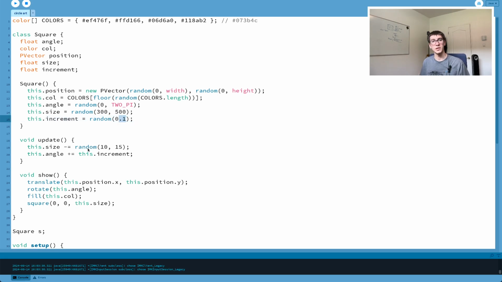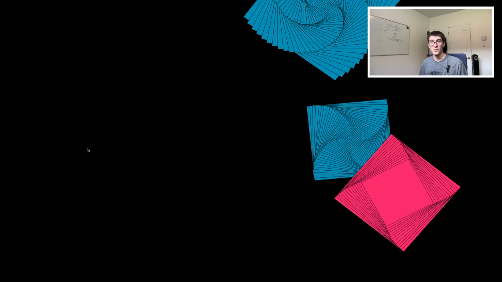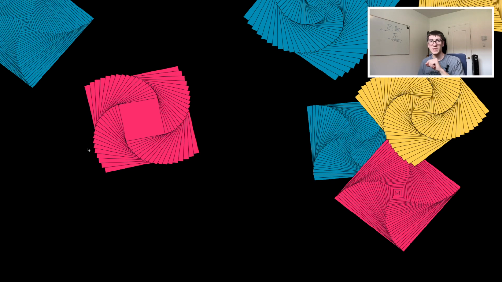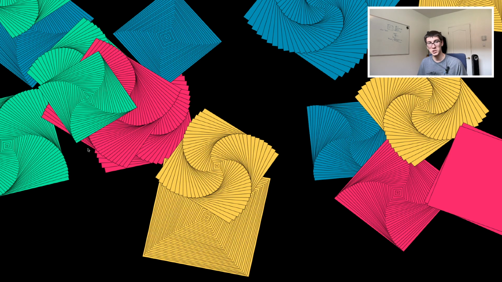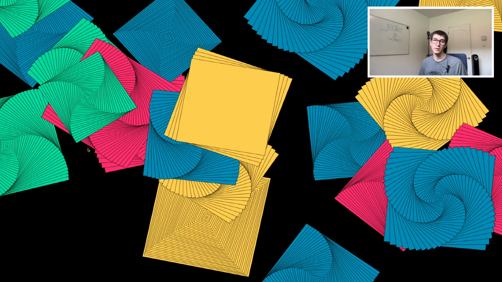So I'm thinking we can say a random value between minus this, so that it goes the other direction, and this, right? Yeah, let's try and see what it looks like. So some of them are going a lot faster, some slower, some are going in one direction, some in the other. That's great.